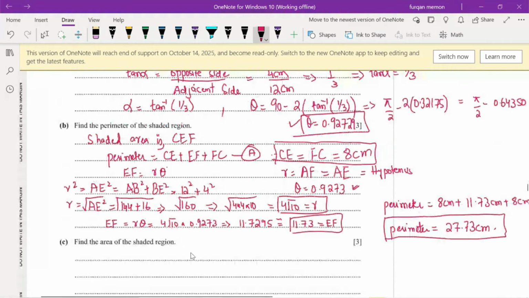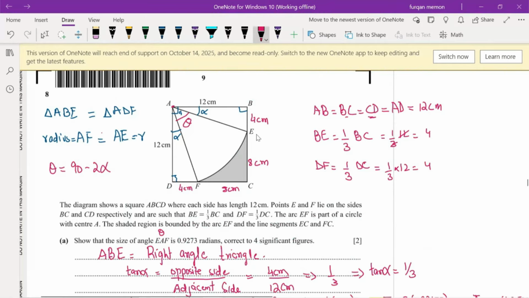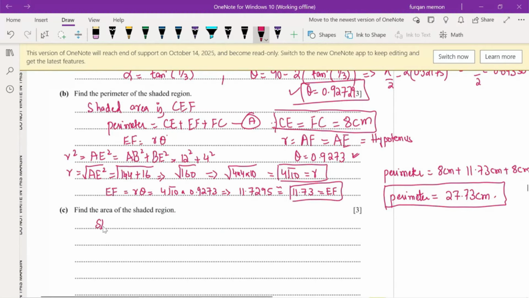Okay, part C, find the area of the shaded region. As we know, the shaded area is CEF.